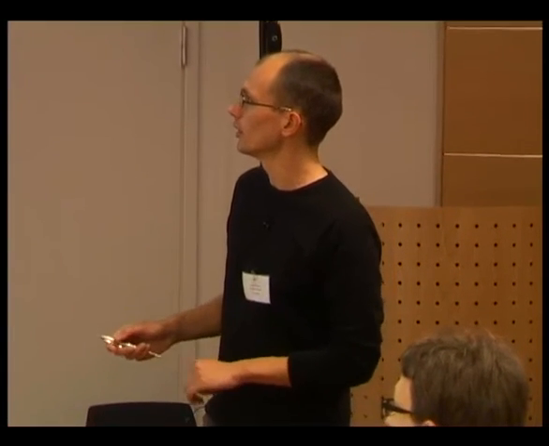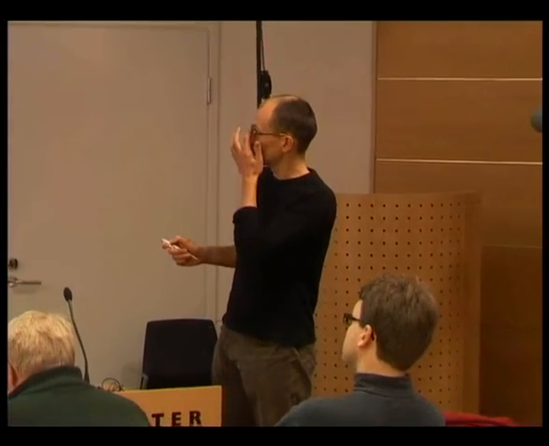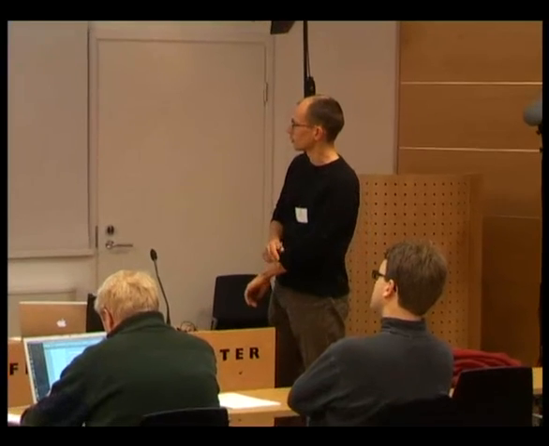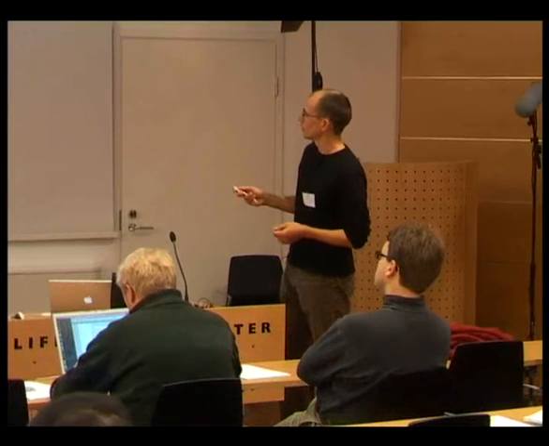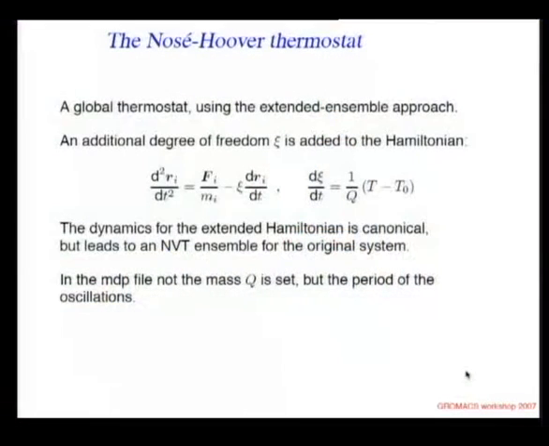But if you want a proper, strictly defined ensemble, there's another global thermostat, the Nosé-Hoover thermostat, which has been proven to give the correct ensemble. In this thermostat, we extend the ensemble with another degree of freedom. We add a degree of freedom to the Hamiltonian, and this is then coupled in this way. Then you can prove that this extended Hamiltonian is canonical, but the original system behaves NVT.